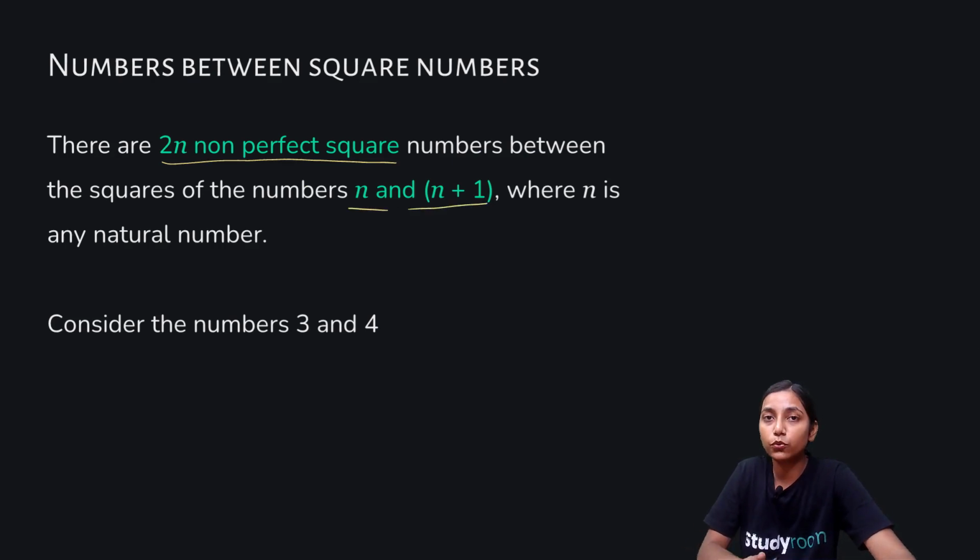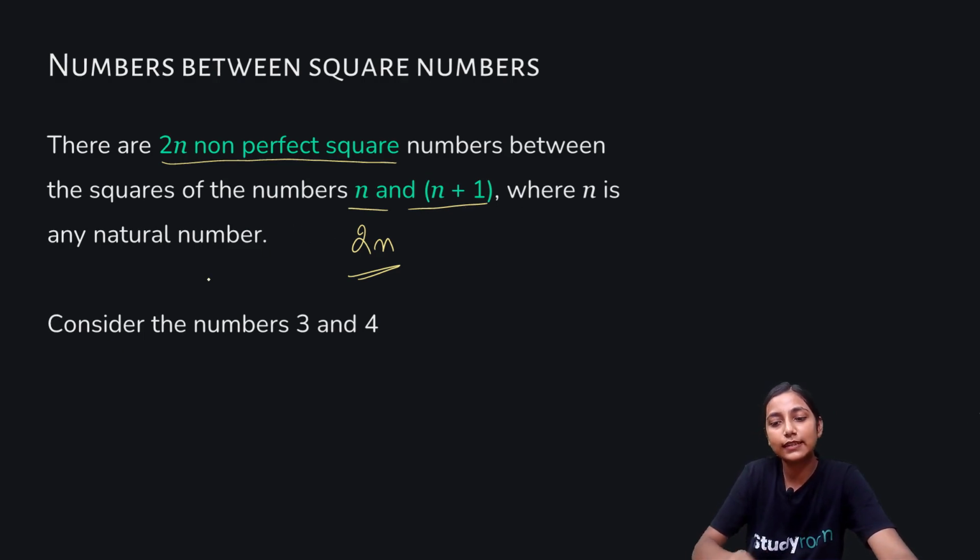So 2n will give us the number of non-perfect square numbers, or natural numbers, that will lie between the squares of n and n plus 1, where n is any natural number.